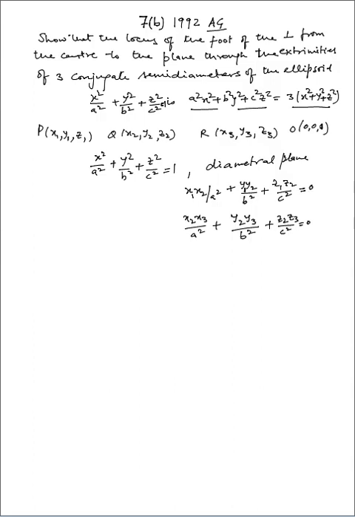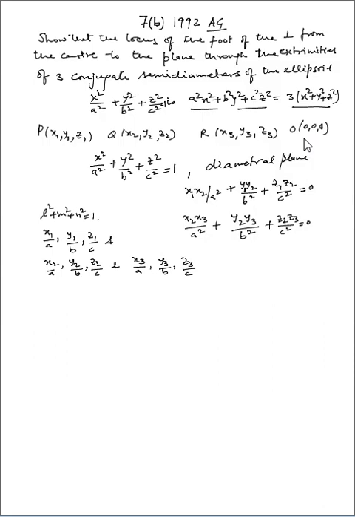And we know that if l, m, n are the direction cosines of any line, then l square plus m square plus n square is equal to 1. In this way we can write that x1 upon a, y1 upon b, z1 upon c, and x2 upon a, y2 upon b, z2 upon c, and for the third, x3 upon a, y3 upon b, z3 upon c, are also direction cosines of some three lines.